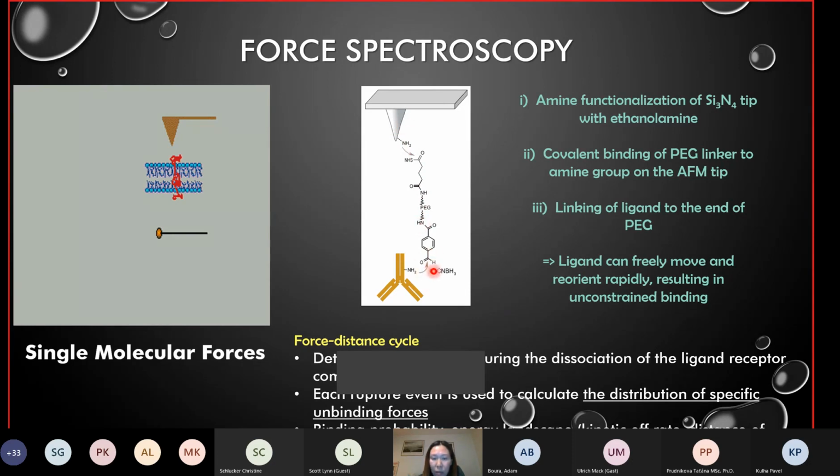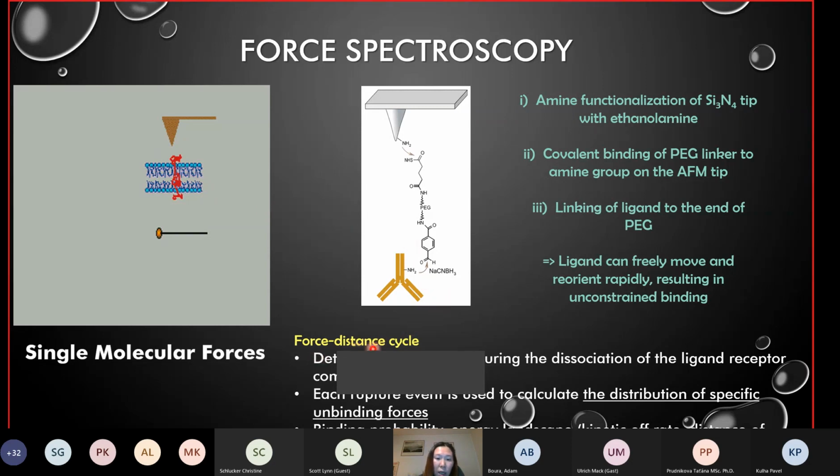And at the end of the spacer, we can link any ligand, for example an antibody or another single protein or peptide. We give this PEG spacer, which is about 5 to 6 nanometers in length, because it lets the ligand move freely and orient rapidly when it interacts with the receptor on the membrane or on the surface.